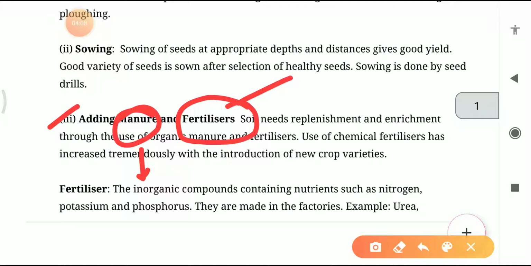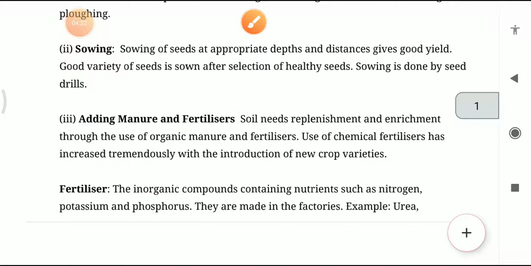Then we use the manure and fertilizers for replenishment and enrichment of the soil through the use of organic manure and fertilizer, means to increase the nutrients, or to increase the humus and fertility of the soil.